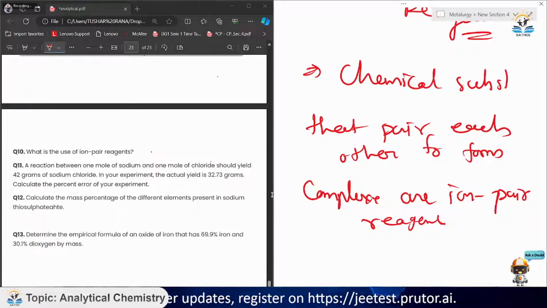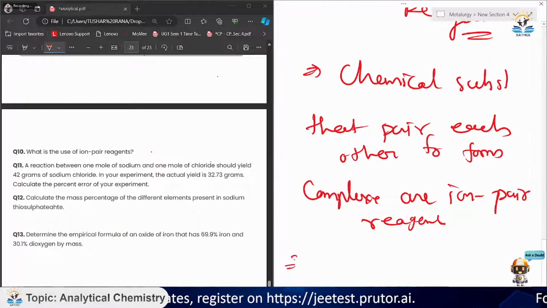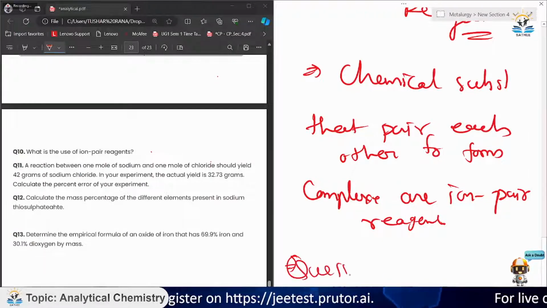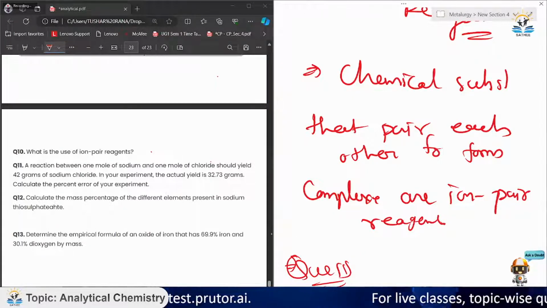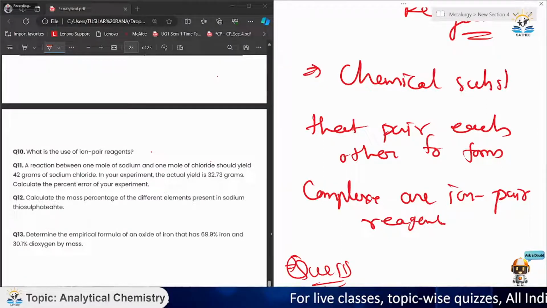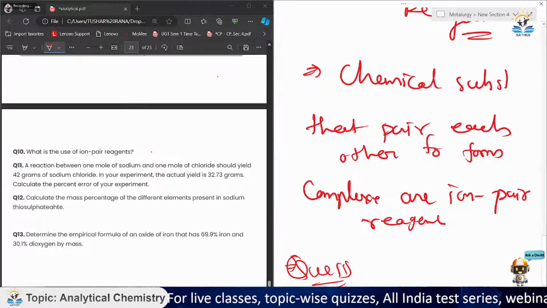Now, many theoretical questions come. Now let's see one of the calculation questions. Okay, so let's read it. A reaction between 1 mole of sodium and 1 mole of chloride should yield 42 grams of sodium chloride. Okay, in your experiment the actual yield is the one given. Calculate the percentage error. Okay, we have to calculate the percentage error.